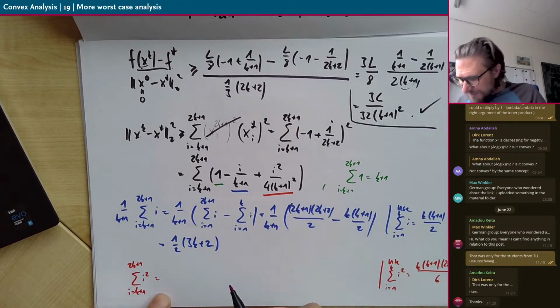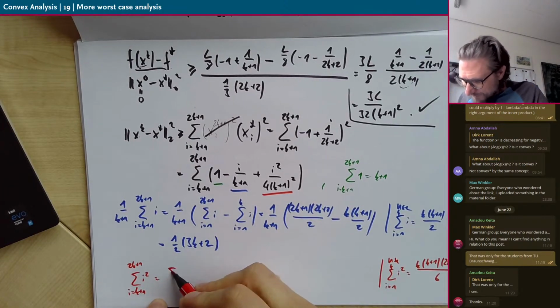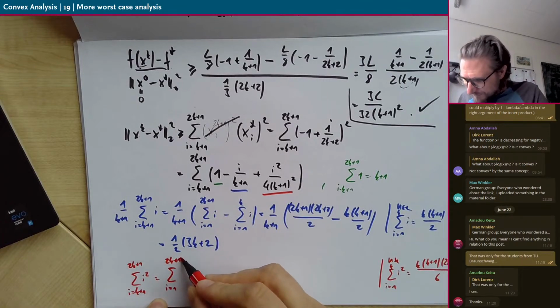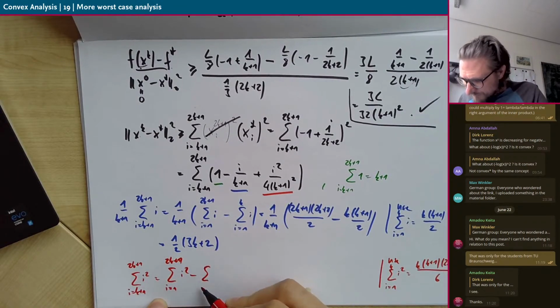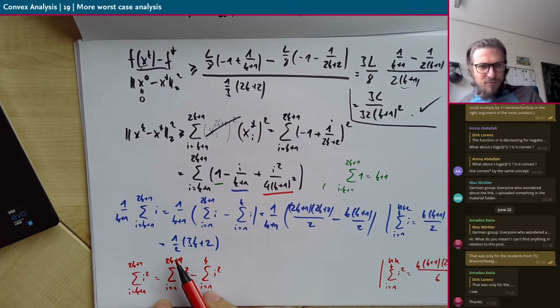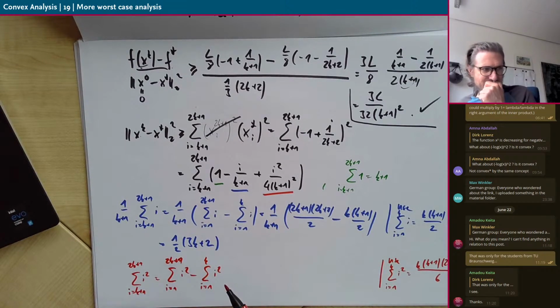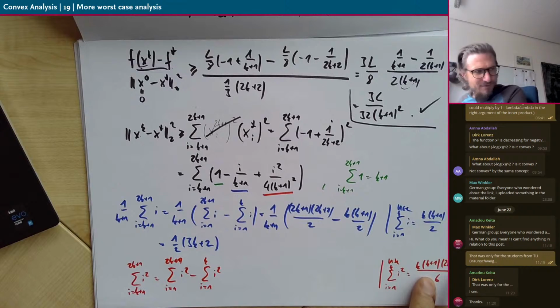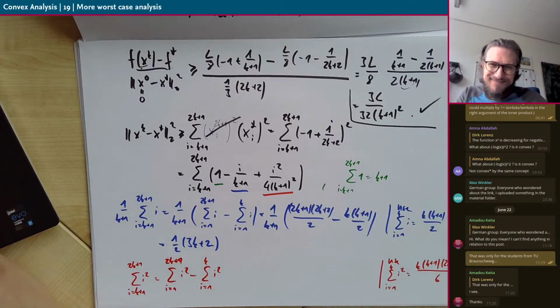Okay, so now again we separate the sum over the i squareds, because there is a difference of 2. One going from 1 to 2k plus 1, one going from 1 to k. And so we have this thing here twice, one with 2k plus 1 instead of k.